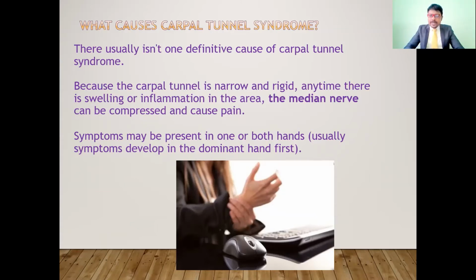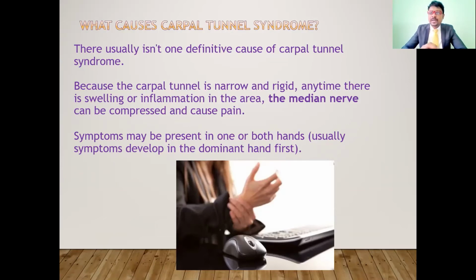The carpal tunnel is narrow and rigid, so anytime there is swelling or inflammation in the area, the median nerve can be compressed and cause pain. The compression of the median nerve may be due to inflammation, infection, or systemic changes, which give swelling in the median nerve.